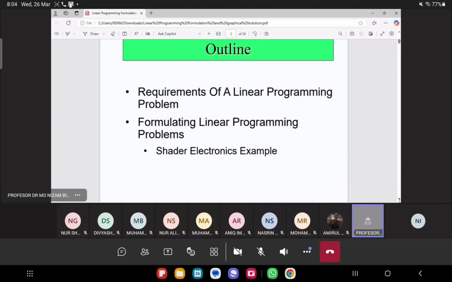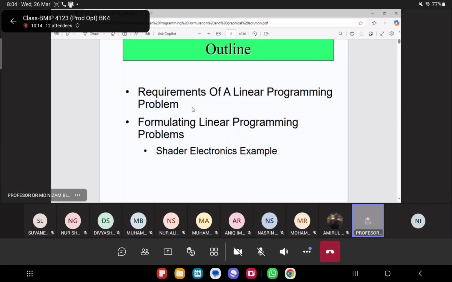So the outline for this particular topic, basically, we're going to look at the requirement of a linear programming problem. If you want to optimize a given situation using linear programming, that particular problem must have certain requirements.